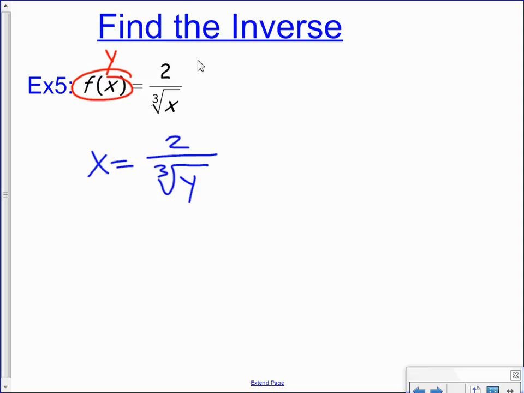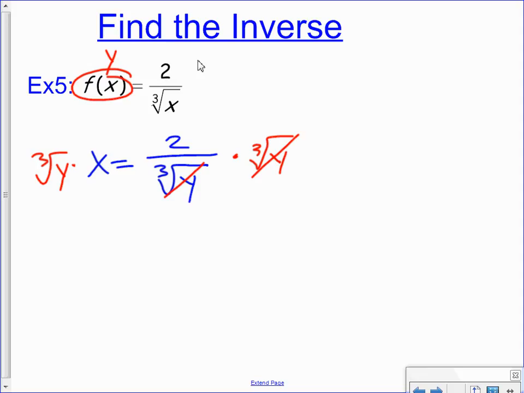Here's the deal. Got fractions, right? Yeah, multiply by y cubed to the other side. Yeah, so here we go. When you multiply by, not y cubed, cube root of y to the other side, and you just canceling this. No, I'm not rationalizing it.